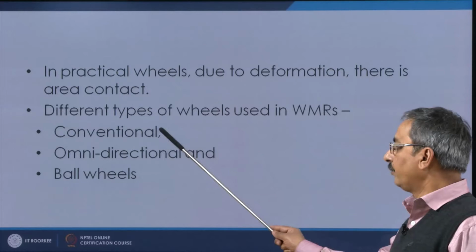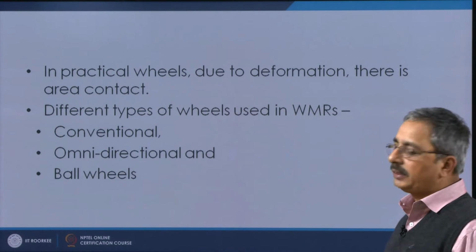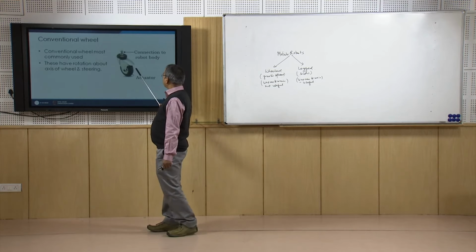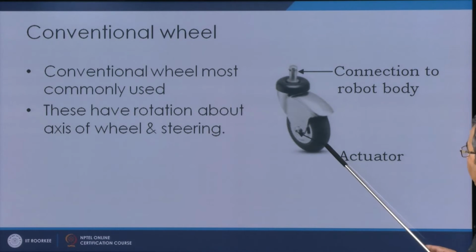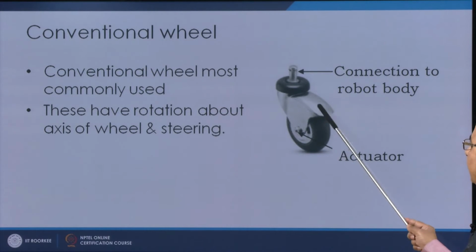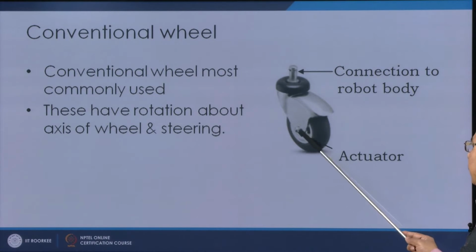These are conventional wheels, omnidirectional wheels and ball wheels. Let us see one by one. This is an example of the conventional wheel where you can see that here is the axis about which this wheel rotates, and we can put actuators here and that actuator can be mounted on this frame, and the shaft can be engaged to the wheel here.